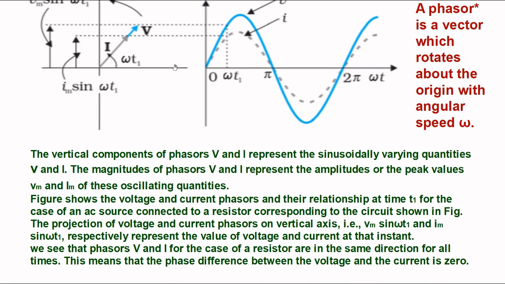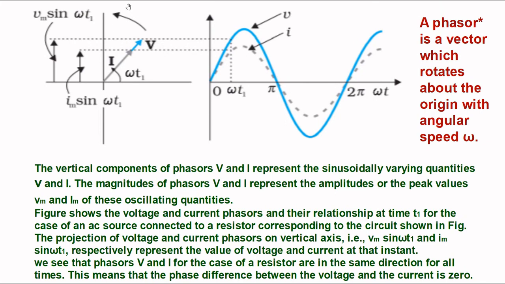We see that the phasors V and I for the case of a resistor are in the same direction all the time, which means that the phase difference between voltage and current is 0 in the circuit in which AC passes through a resistor.